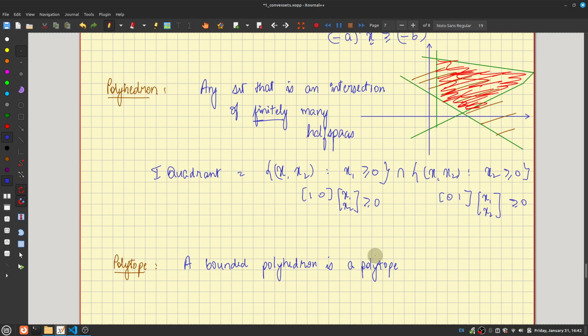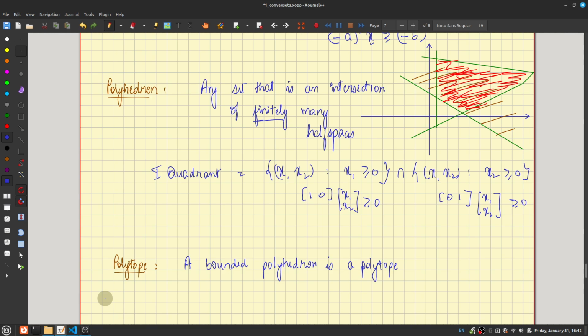There are some books and papers which say that if it is bounded, then it's called a polyhedron, and general polyhedrons are sometimes referred to as polytopes, and vice versa. So some references don't distinguish between polyhedron and polytope, and sometimes they use the exact opposite definition.